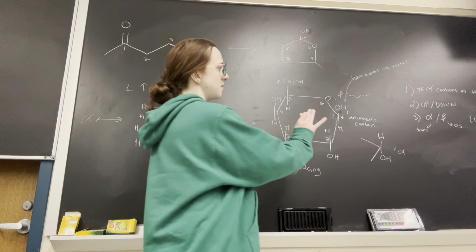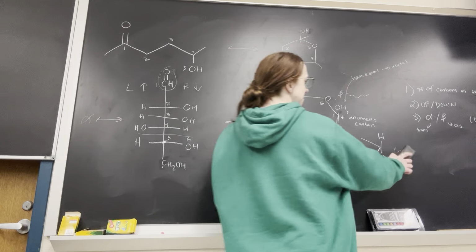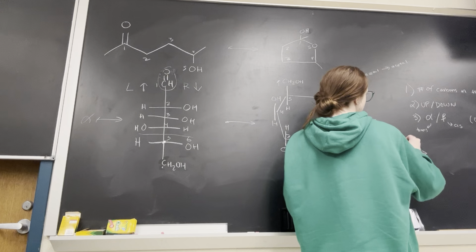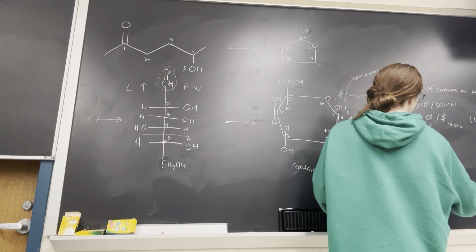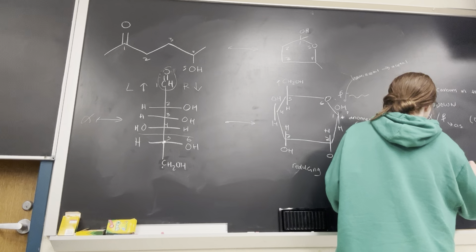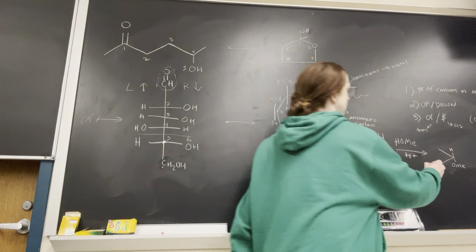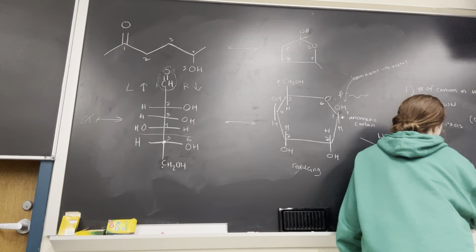And so, if you wanted to make this into an acetal, I'm going to use the alpha one down here since there's more space. You could just throw on HOME, and it would replace the OH. This is a hemi, and this is an acetal.